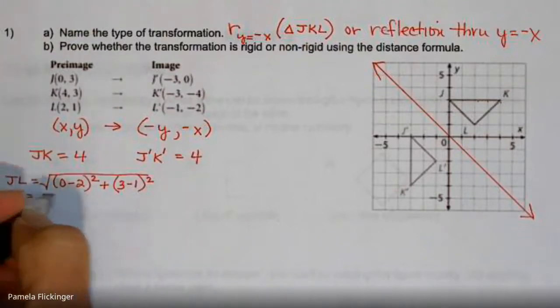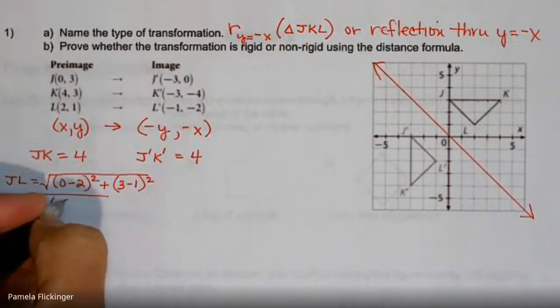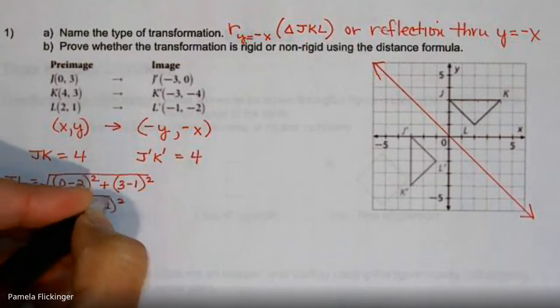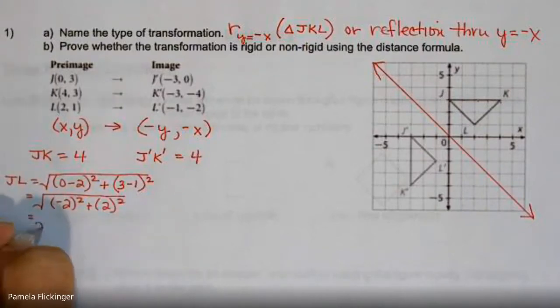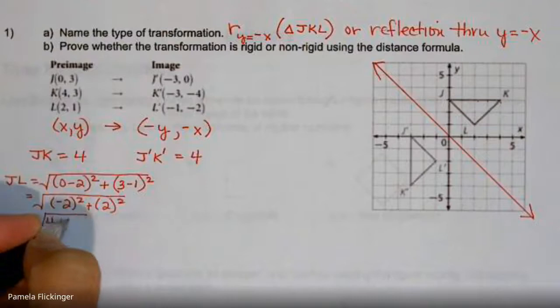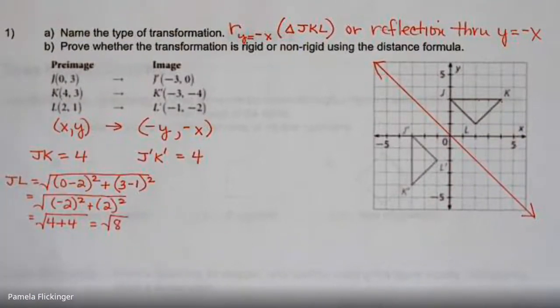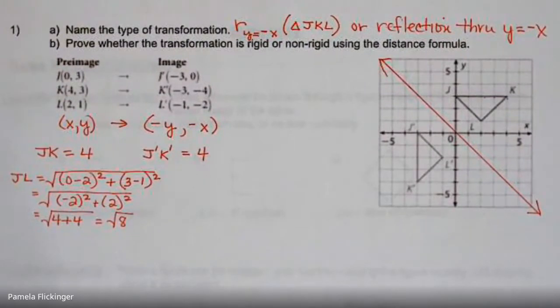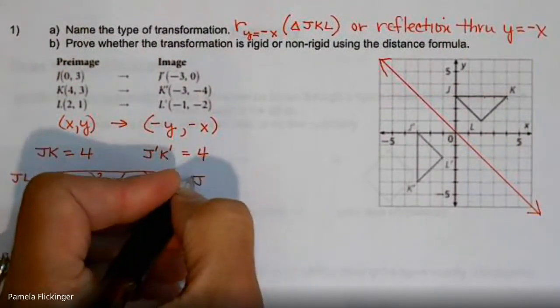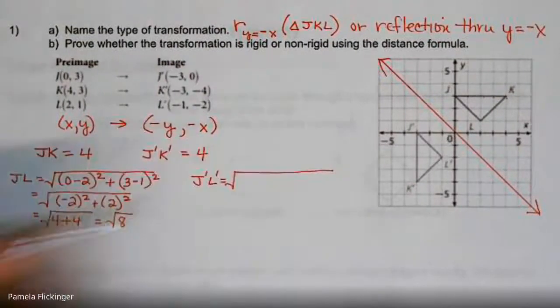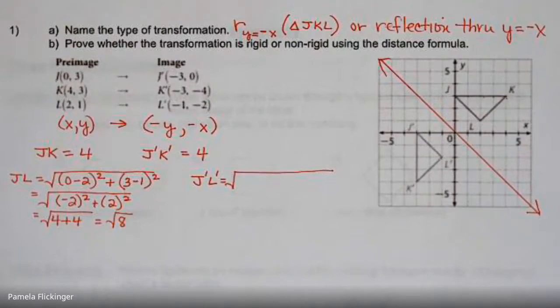So we would get the square root of negative 2 squared plus positive 2 squared. Both of those turn into 4 and 4, so we get the square root of 8. Now I'm just going to leave it like that for now, because if this is rigid, which it should be, then when I do J prime L prime, and I can show that that also equals the square root of 8, we can just stop there. We don't need the decimal.